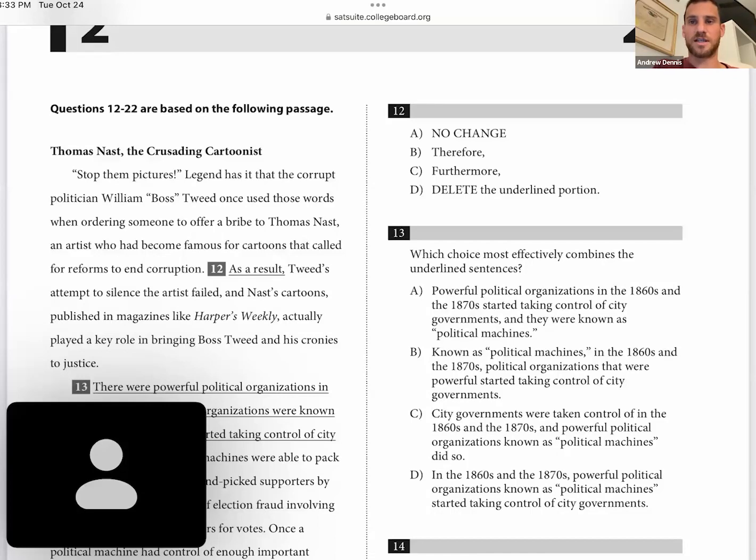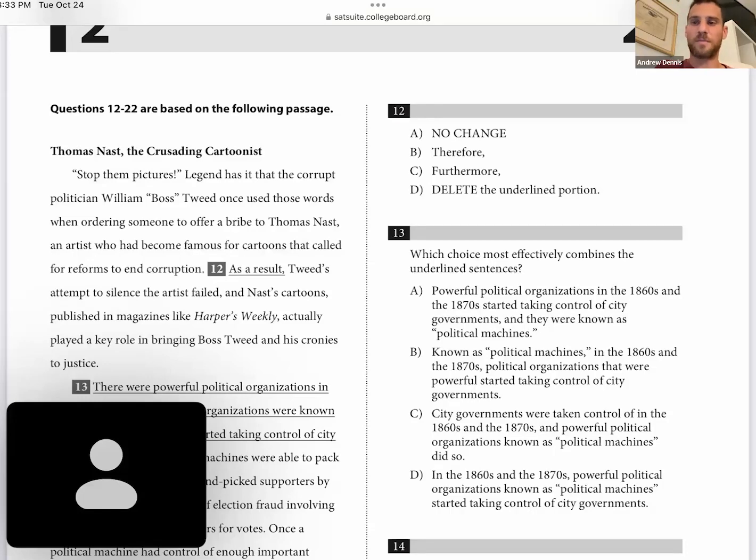Stop them pictures. Legend has it that the corrupt politician William Boss Tweed once used those words when ordering someone to offer a bribe to Thomas Nast, an artist had become famous for cartoons that called for reforms to end corruption. Tweed's attempt to silence the artist failed, and Nast's cartoons published in, right? It's not as a result, it's not furthermore, it's not therefore. It's just a continuation of thought. I'm telling you this, now I'm telling you that.